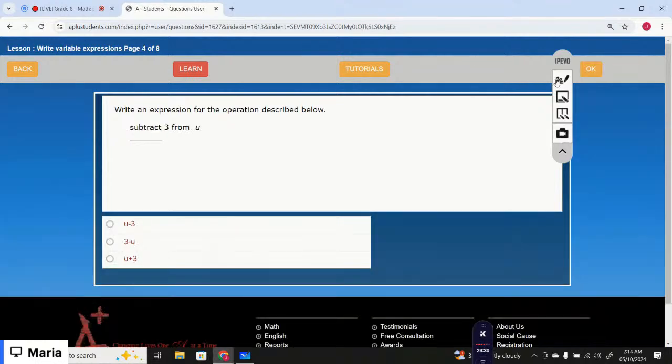Write an expression for the operation described below. Subtract 3 from u. So which is the correct option? Option number 1 is the correct option. That is u minus 3.